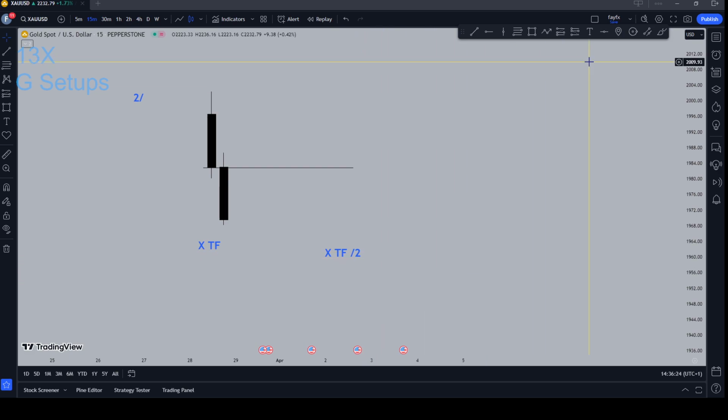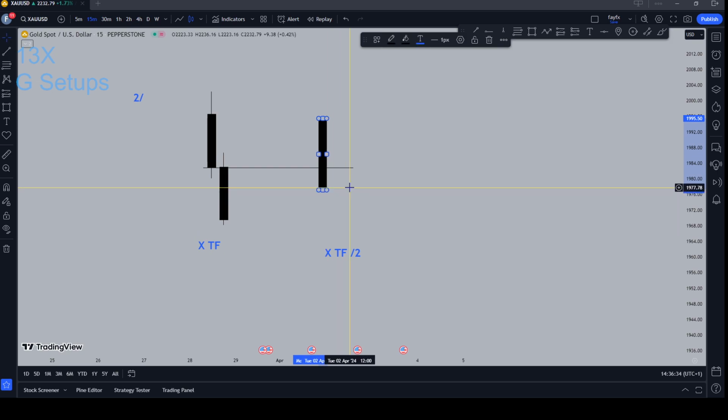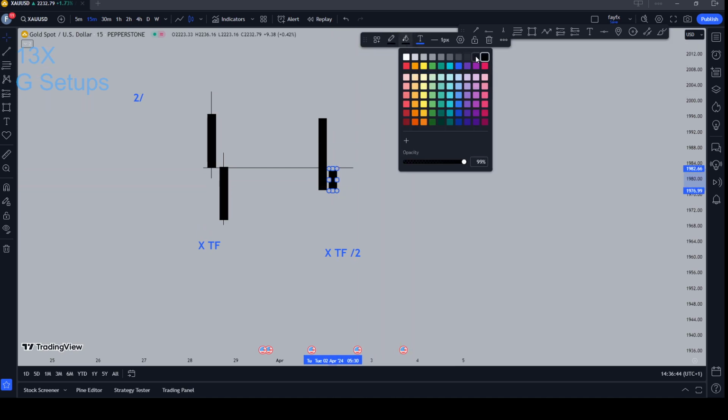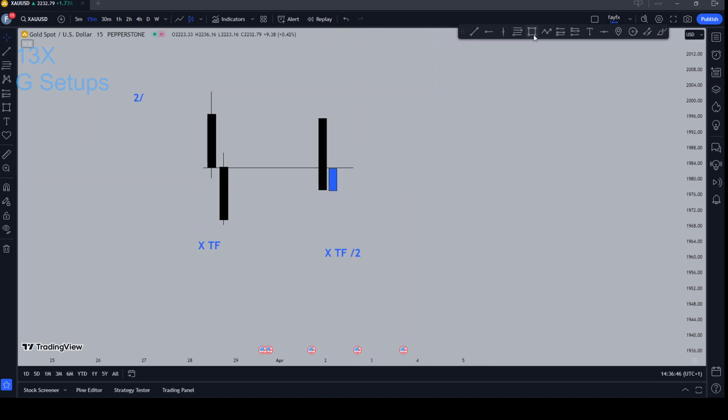We are going to find something special this time. We are going to find a classic CC.